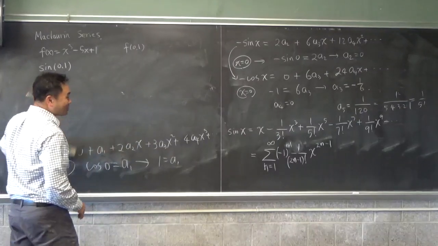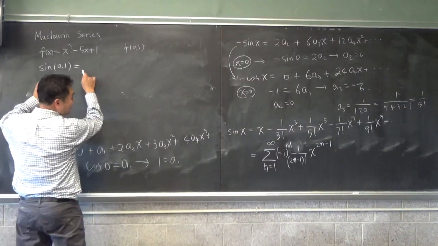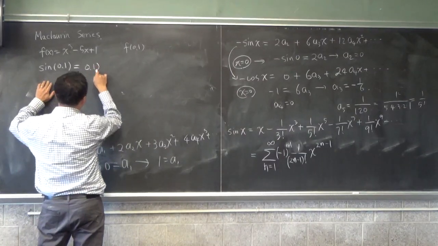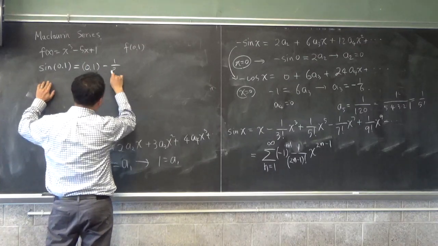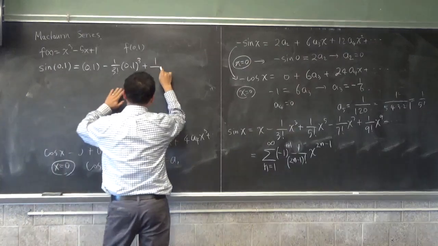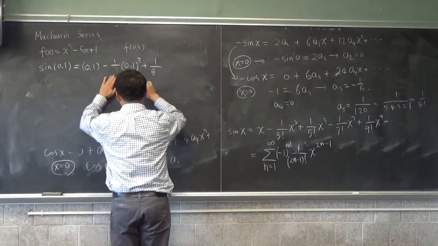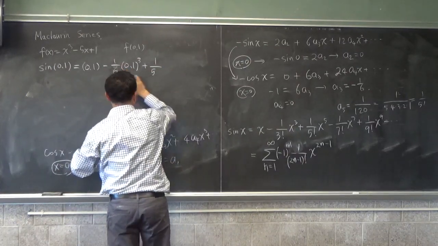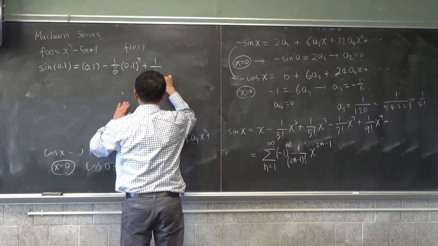So now I'm going to plug in 0.1 here. So it's 0.1 minus 1 over 3 factorial times 0.1 cubed plus 1 over 5 factorial. Well, 3 factorial is 6, so I'll just put 6 there. 5 factorial is 120.